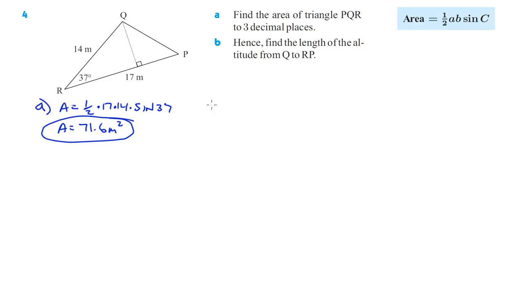And then from that, part B, hence find the length of the altitude from Q to RP. So basically they're saying figure out what this length here is.